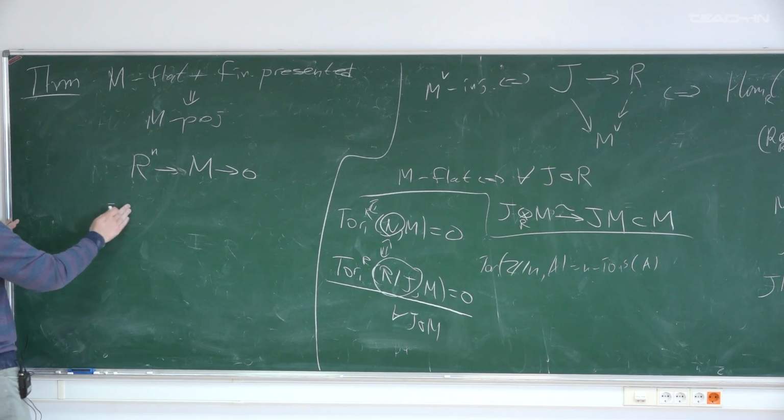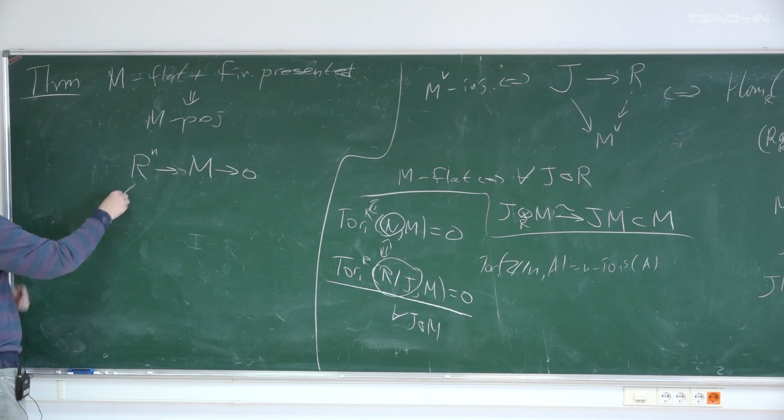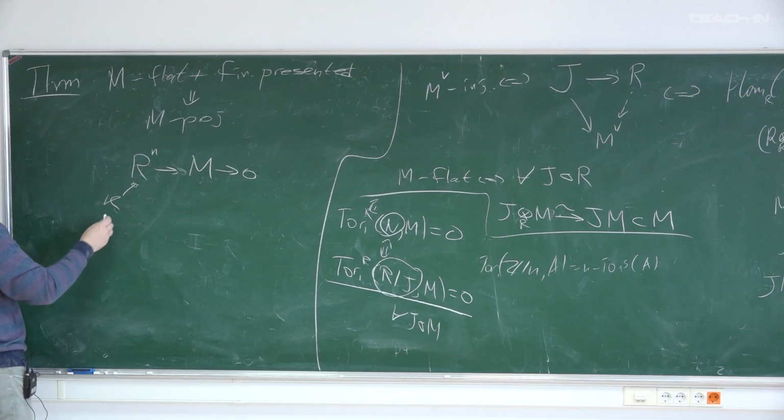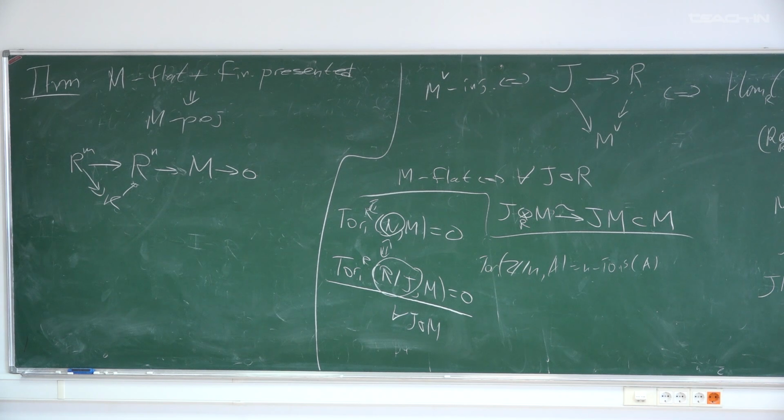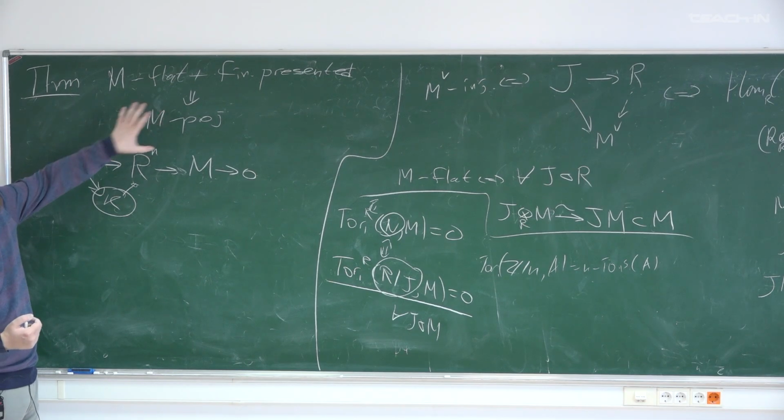And finitely presented means that this kernel is also finitely generated. So in fact, we have a surjection from R^m, and we have an exact sequence of this form. So we can start our free resolution by two finitely generated free modules. This kernel is the module of relations, and this module of relations is also finitely generated. It's called finitely presented. So I claim that if M is flat and finitely presented, then in fact it's projective.